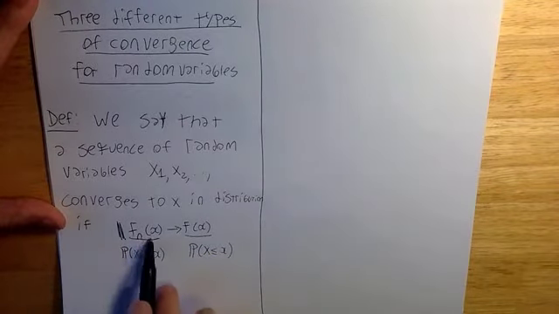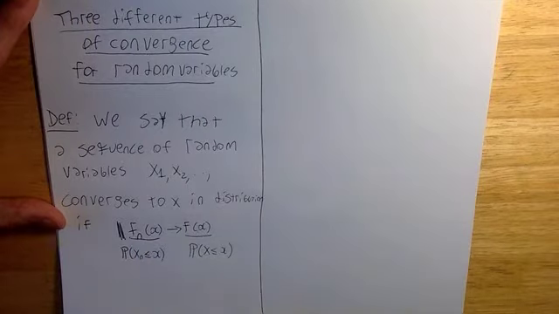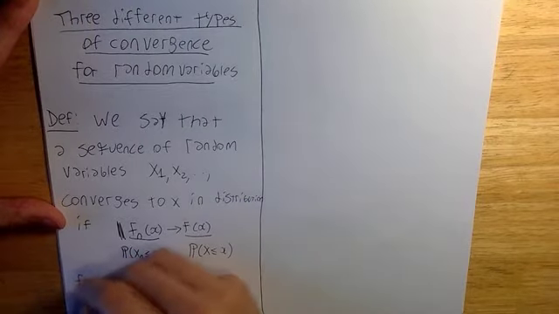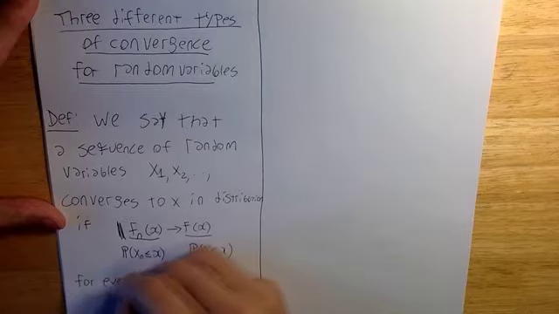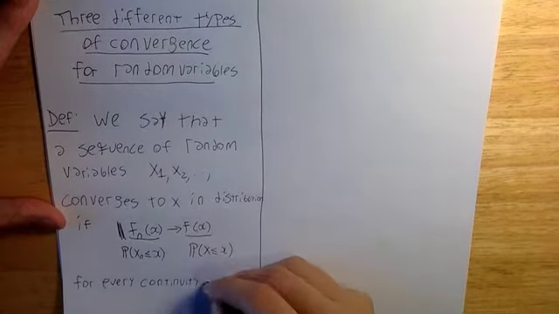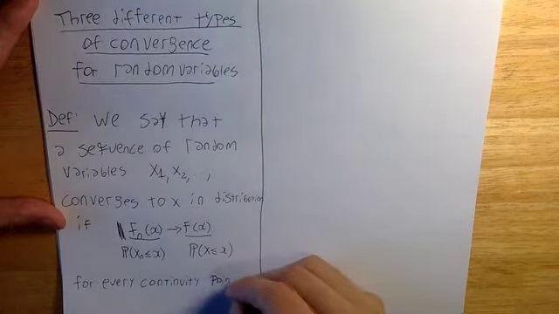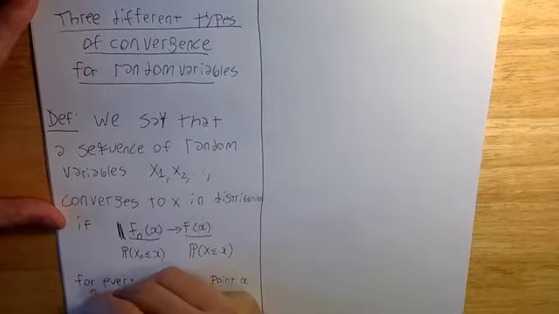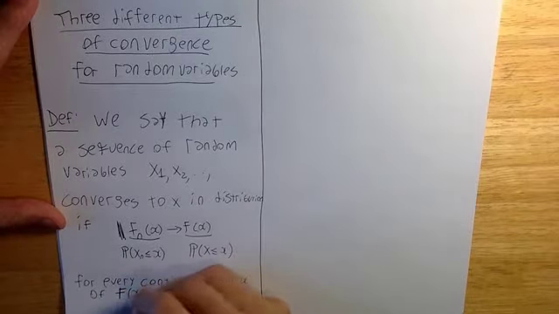Converging in distribution if Fn of x converges to F of x for every continuity point x of F of x.